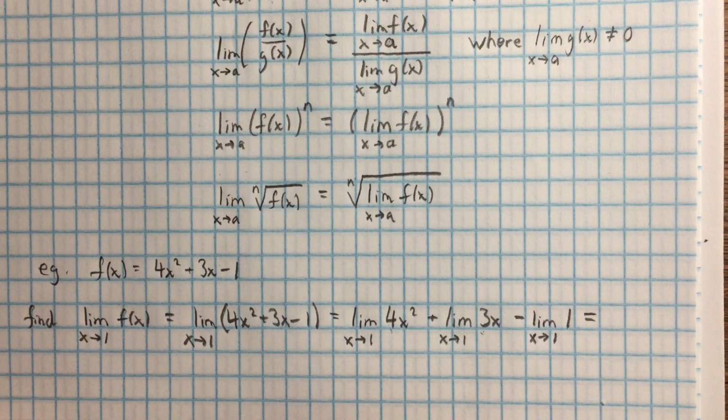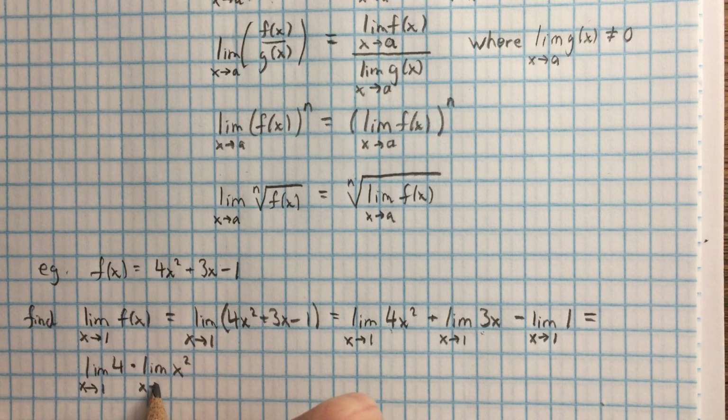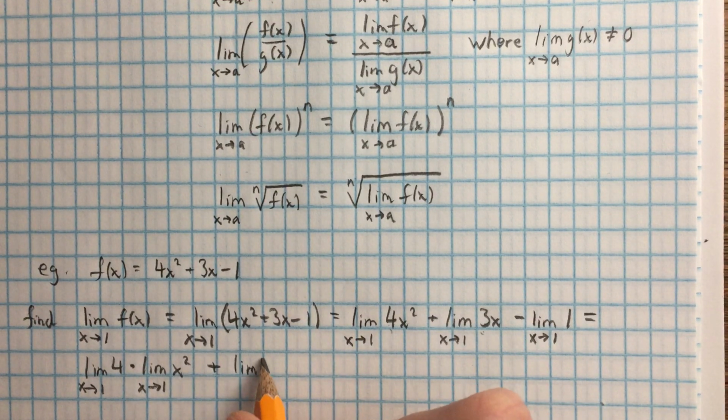We should now have that the limit of 4x squared is the same as the limit of 4 as x approaches 1 times the limit of x squared as x approaches 1. And then so too for 3x. You should have the limit of 3 as x approaches 1 times the limit of x as x approaches 1.